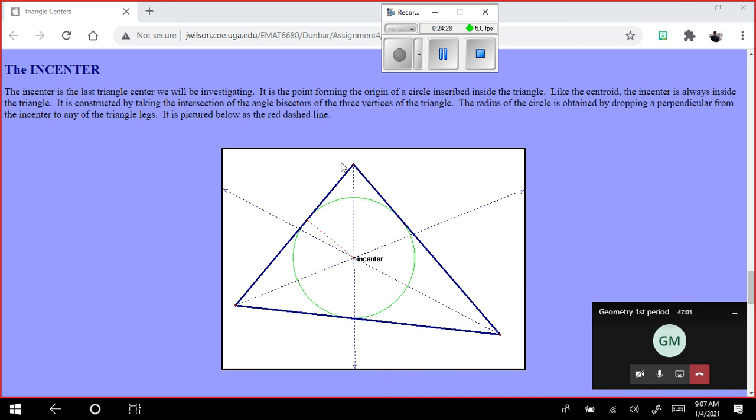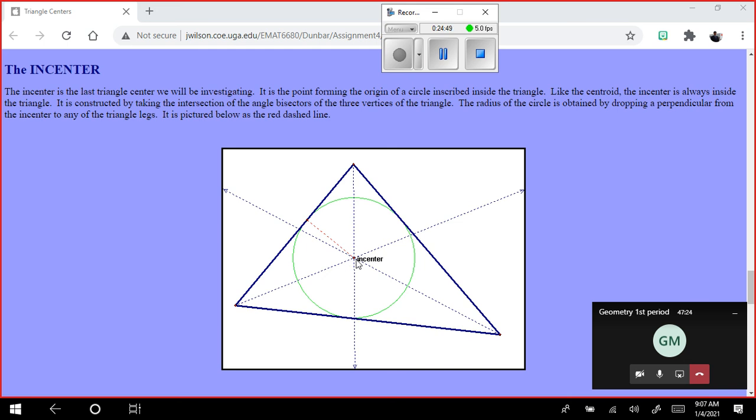The angle bisectors are the bisectors which divide the angles into two equal halves. So this dashed line is an angle bisector, this dashed line is an angle bisector, and this dashed line is an angle bisector. The point of intersection of the three angle bisectors is the incenter.